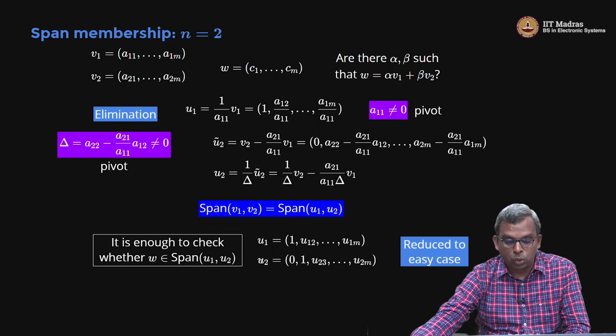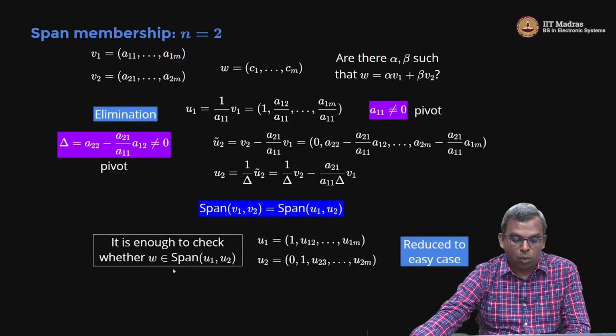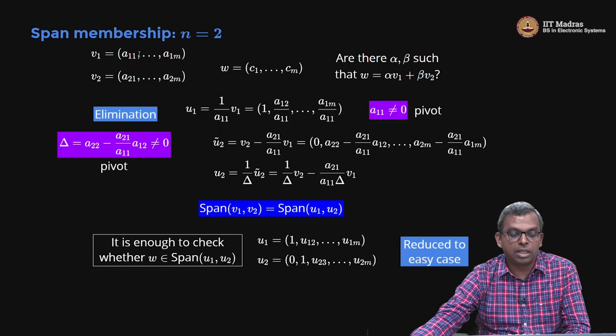And these U1, U2 are in the form I want, right? 1 and some U12, U1m, I don't know what they are, some complicated form like this, but it's easy enough. U2 is again 0, 1 and then some other form. It will be a little bit more of a fancy expression, but I'll just simply call it U23, U2m for convenience. But nicely enough, this has been simplified to the old case, and now I'm solving the easy case problem and I've reduced it, okay? So n equals 2, the general case we see by elimination with non-zero pivots.